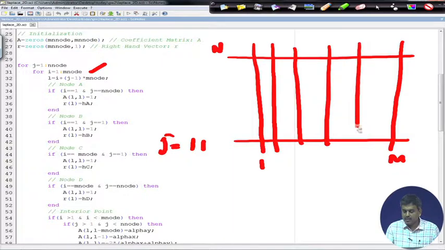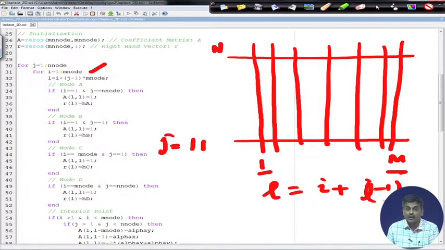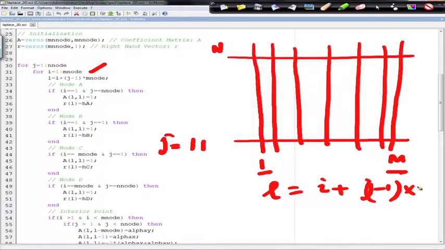What is the combined index? L equals i plus j minus 1 into m. So, in the first row we are designating the values as 1 to m, then we are starting from m plus 1 to 2m in this case.